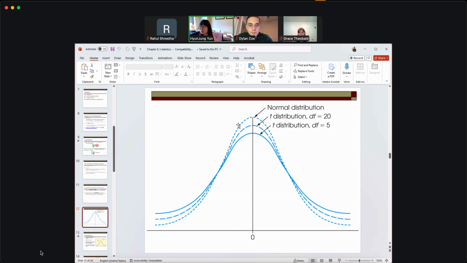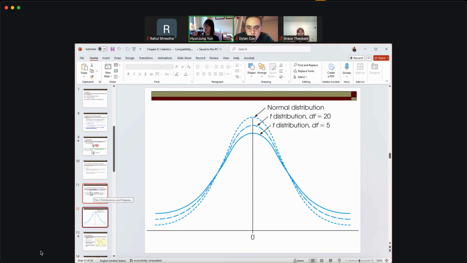That means in order to get a certain probability, like the conventional alpha values of 0.05 and 0.01, you should go much further out to get the probability. Because the error is bigger, the tail is thicker. So that's the difference. You got that?